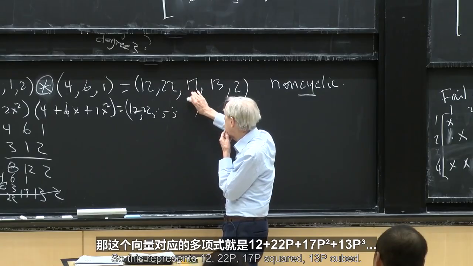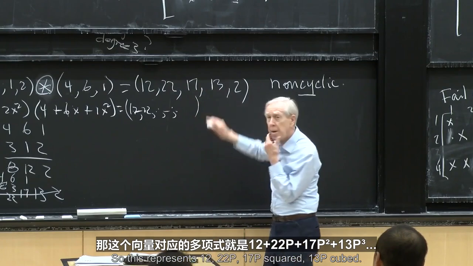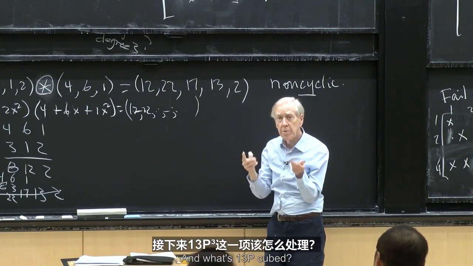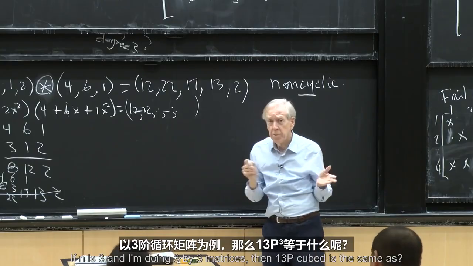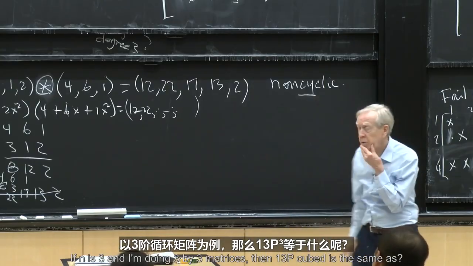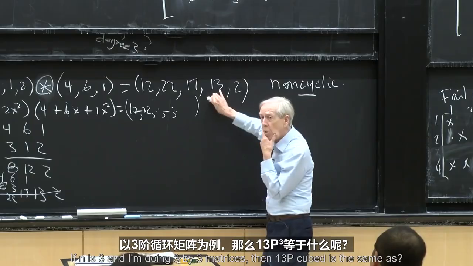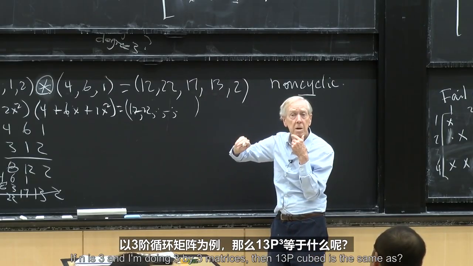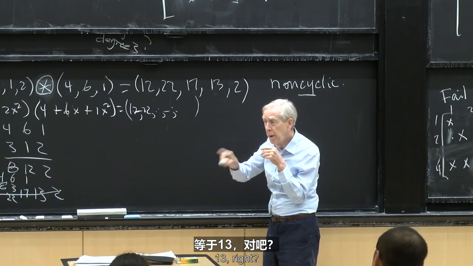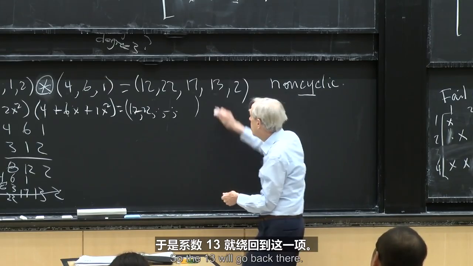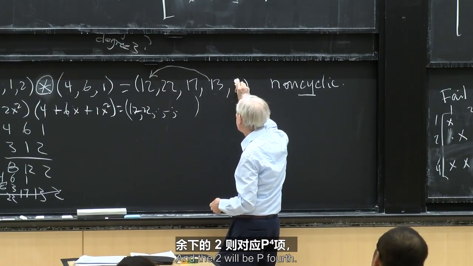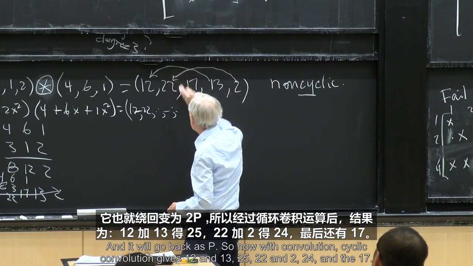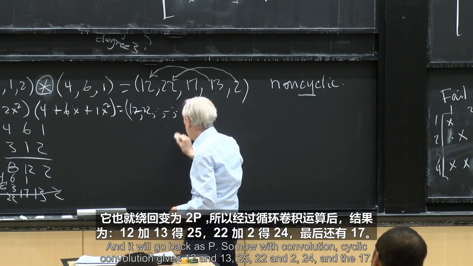So this represents 12, 22p, 17p squared, 13p cubed. And what's 13p cubed if n is 3 and I'm doing 3 by 3 matrices? Then 13p cubed is the same as 13, right? P cubed is I. So the 13 will go back there, and the 2 will be p fourth, and it'll go back as p.